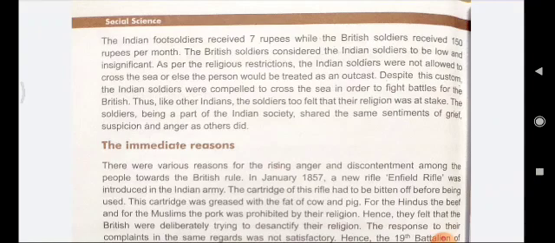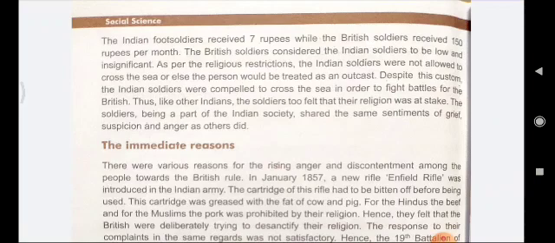As per the religious restrictions, the Indian soldiers were not allowed to cross the sea, or else the person would be treated as an outcast. Despite this custom, Indian soldiers were compelled to cross the sea in order to fight battles for the British. That means the British used the Indian soldiers for battles and sent them across the sea. Thus, like the Indian people, the soldiers too felt their religion was at stake.